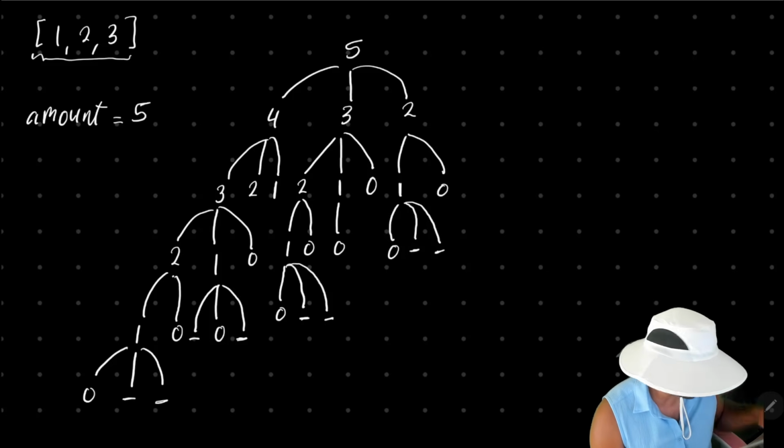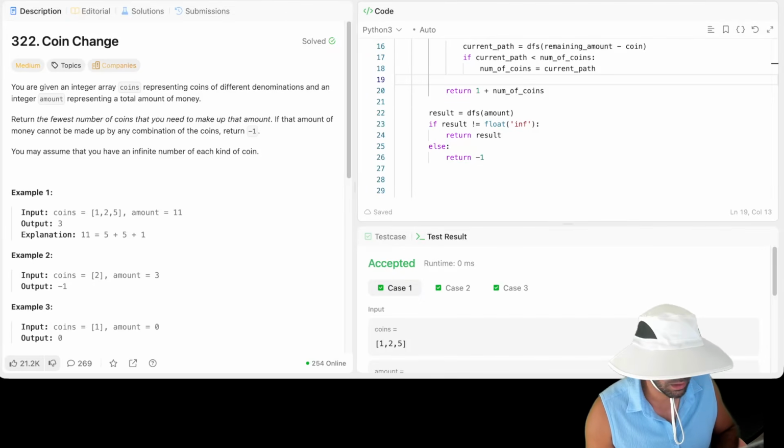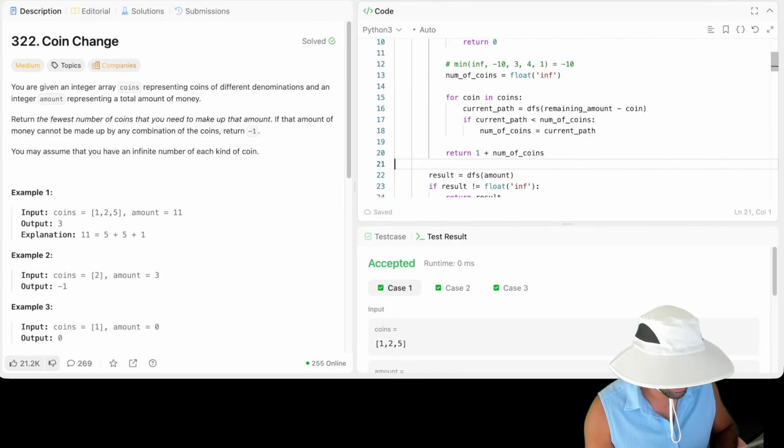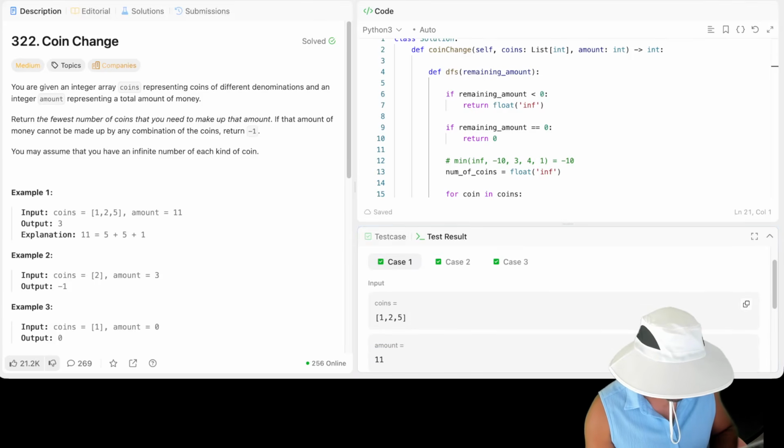But the problem is I had to run to the bathroom, so I did not really finish running the code. So let me run the code that we had last time. Okay, if I run this, it's working so far so good.